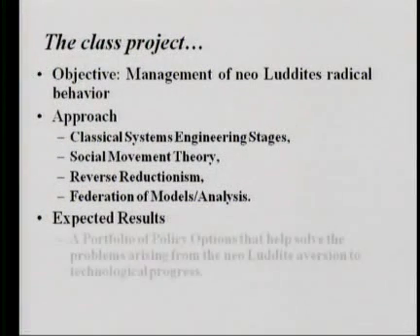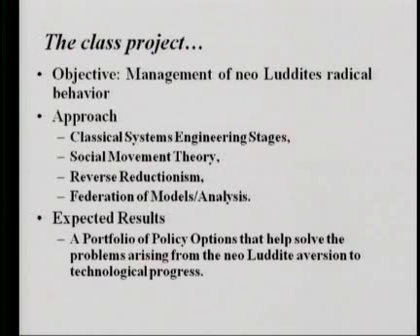And then the expected results from this is a portfolio of policy options that help solve the problems arising from neo-Luddite aversion to technological progress. Let me emphasize one thing. This is large-scale, complex system of systems that we're about here. Engineering is in there. What engineers are all about is bringing technology to people.